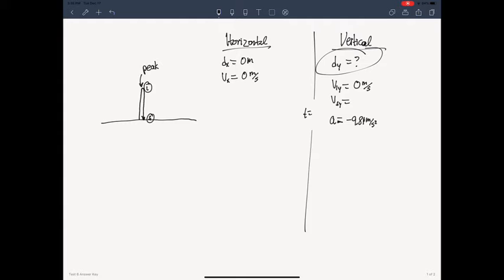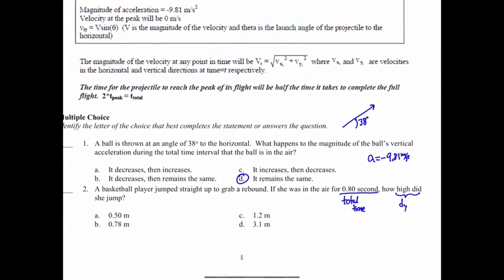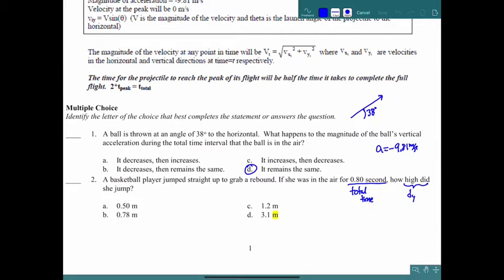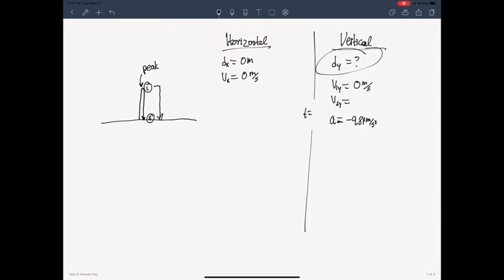Now, how much time does it take to get from the peak down to the ground? Well, for the total time, if you look at this, it took 0.8 seconds, right? So if the total time takes 0.8 seconds, then to the ground, it's going to take only 0.4 seconds.